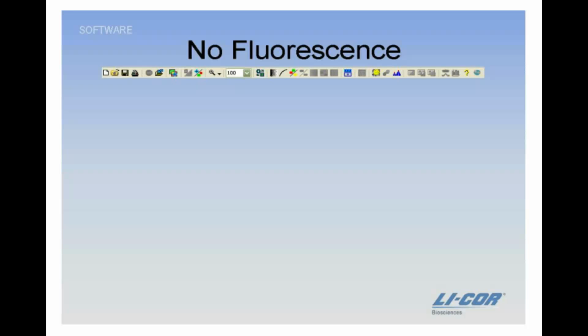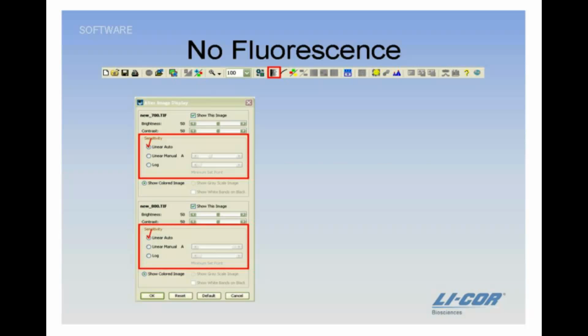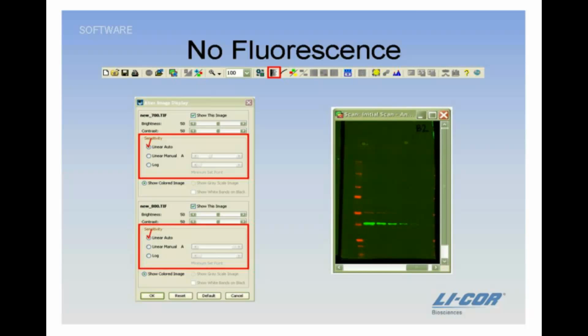Blots that unexpectedly exhibit no fluorescence can be enhanced by changing the sensitivity setting of the image from linear auto to linear manual. Open the Alter Image Display menu by clicking the icon highlighted in the toolbar. Notice here that linear auto is checked for both the 700 and 800 nanometer channels.